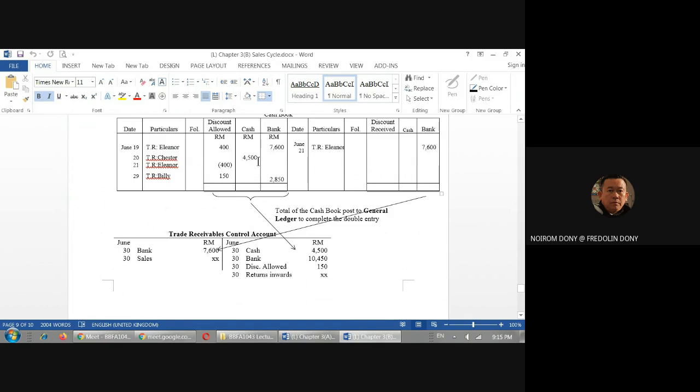So this is debit, so we have to do a credit entry in the trade receivable control account. At this point, meaning at the last day of the month, bank plus this, so 10,450. Cash 4,500. So this is debit, this is credit. And then discount allowed, 150. Then this one, reversal, isn't it? 7,600. So done.